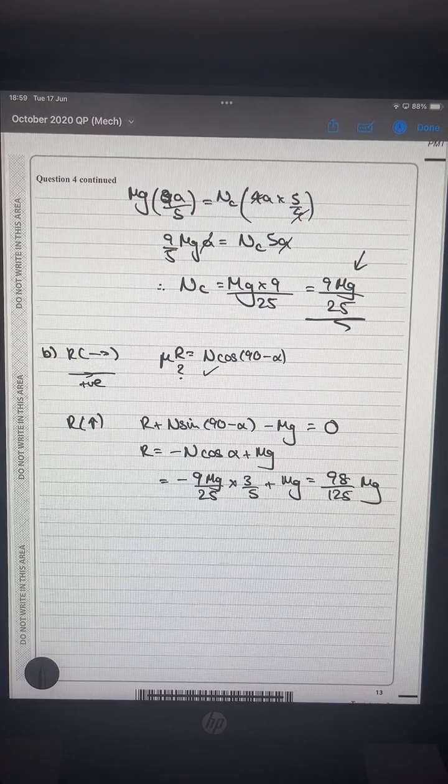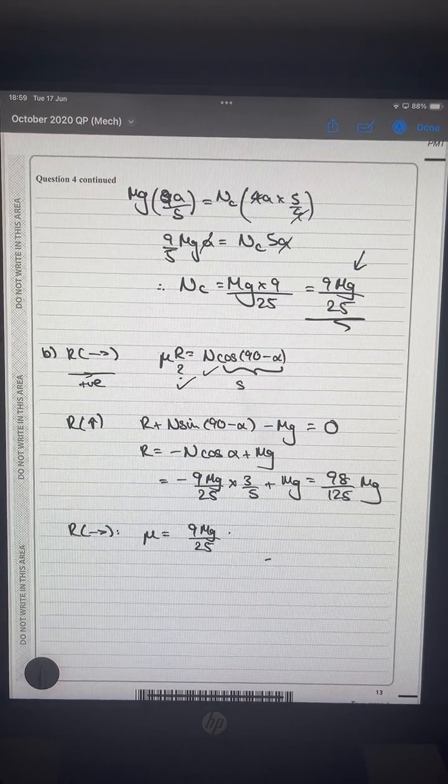Now I can super simply solve for mu since I have all the other values. So resolving horizontally again, mu is going to be equal to N, which is 9mg over 25, times sine of alpha. This thing here is sine of alpha, right? Because remember the relationship. So sine alpha is just 4/5 from the question.